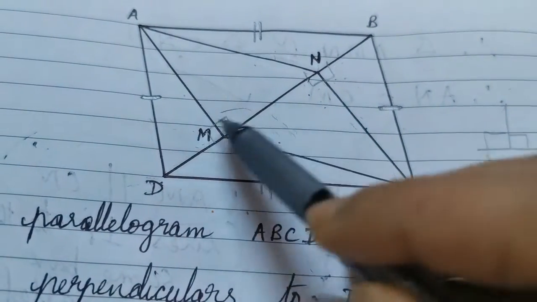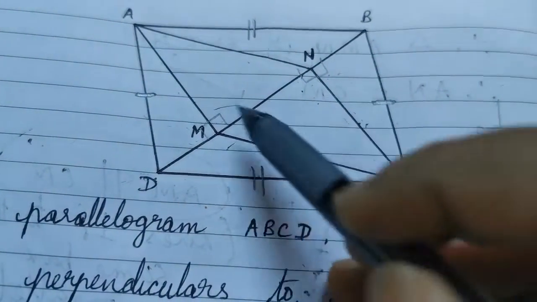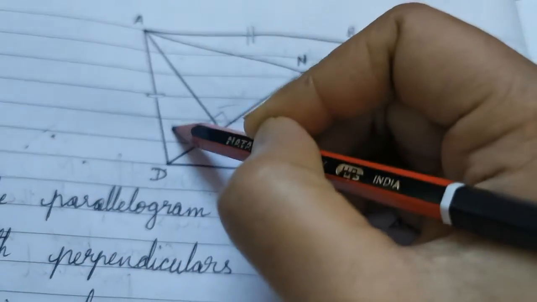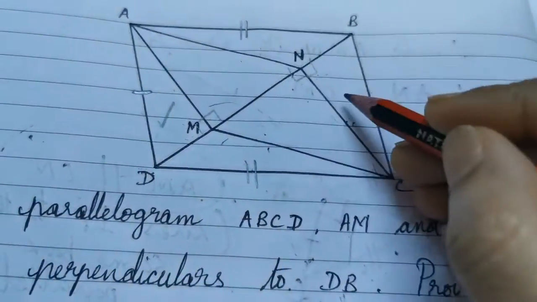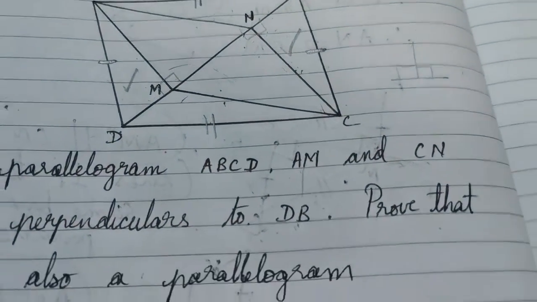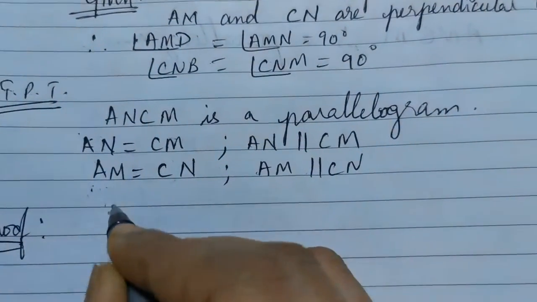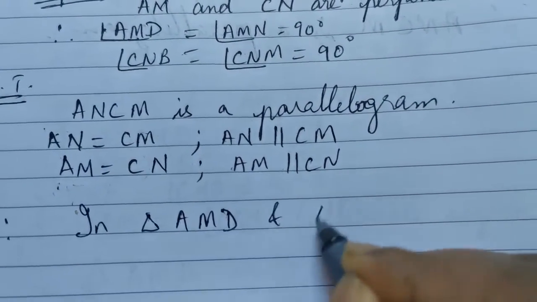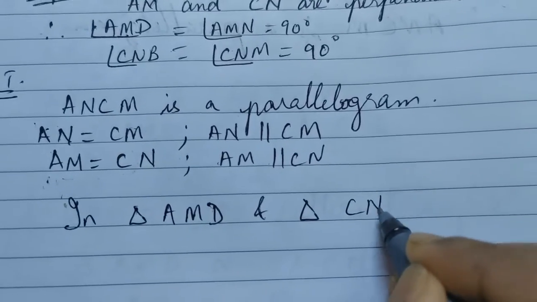Take two triangles which have AM and CN as the sides. So I am taking the triangle AMD and the triangle CNB. Let's compare the properties of these two triangles.